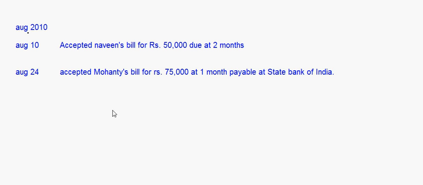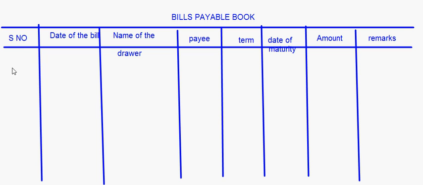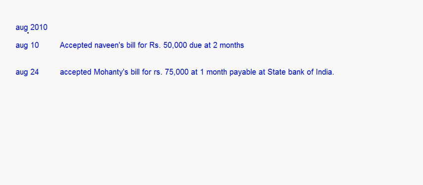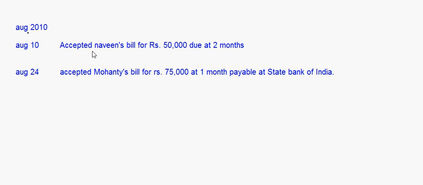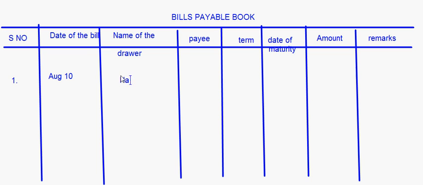Now we have to enter these two into the bills payable book. Now this is the format. Serial number 1, date of the bill, the first one, it is August 10th, right? Name of the drawer, Naveen, accepted Naveen's bill, so Naveen is the drawer, and the payee again is Naveen only.